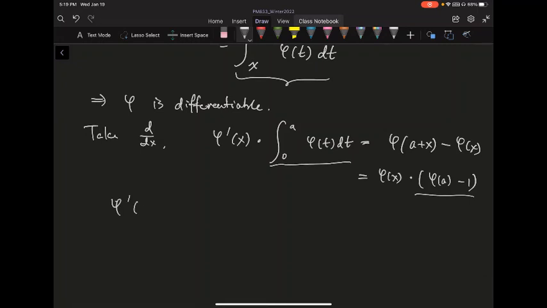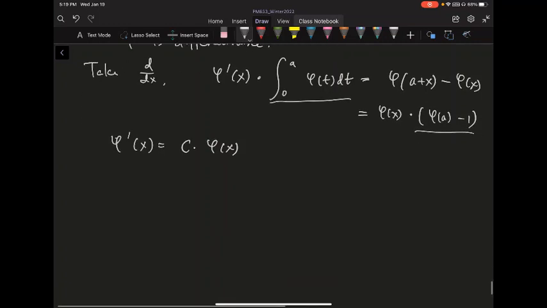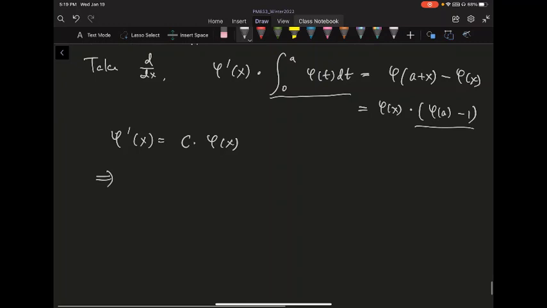So what you have is phi prime of x equals some constant times phi x, and phi is a differentiable function. You can solve this ordinary differential equation. That implies there exists some constant c. You should all know how to solve this. Phi x is just equal to e to the c times x.